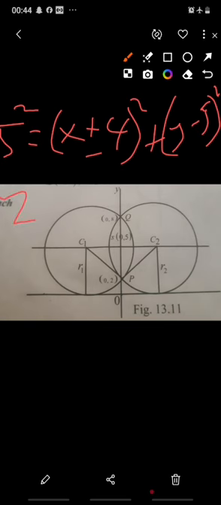So we have 25 is equal to x squared then plus or minus 8x then plus 16. No, it is plus because anytime you square a negative number you get a positive number. So if it is plus 4 squared, it's going to be 16. If it is negative 4 squared, it's also going to be 16. That's why we didn't write plus or minus at that side.